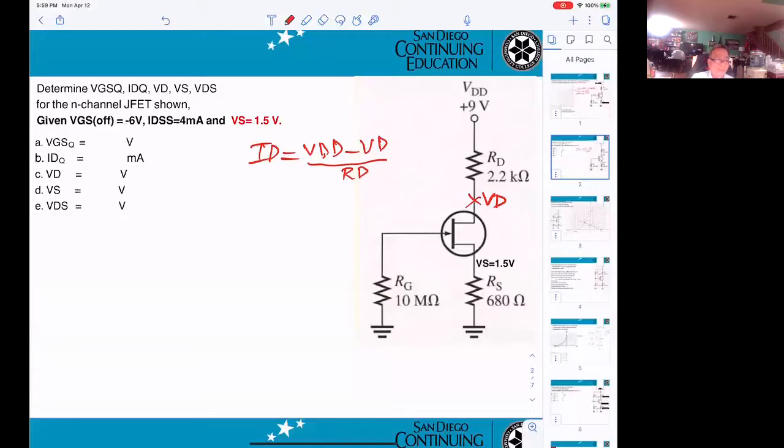The purpose is to try to get the ID or VGS either way.